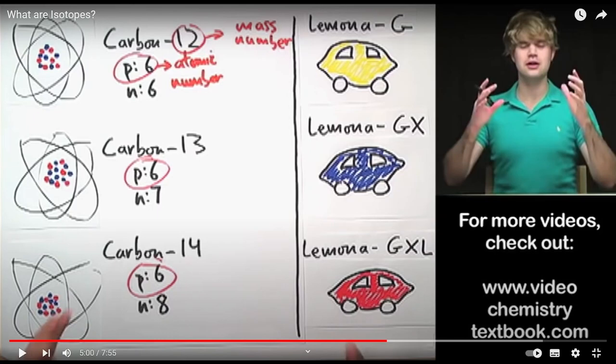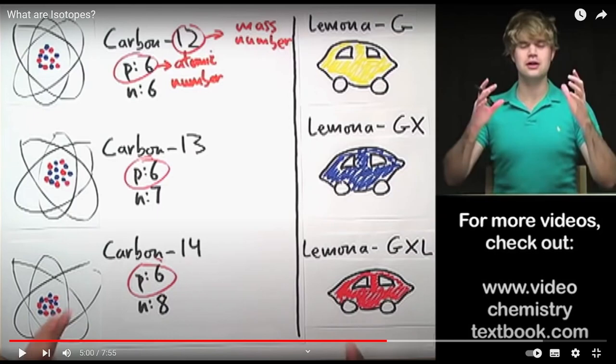The number of what? Total particles. What type of particles? In the nucleus. So it's the total number of particles in the nucleus. What are the two types of particles in the nucleus? Protons and neutrons. So you know the number of protons and neutrons together is 14.